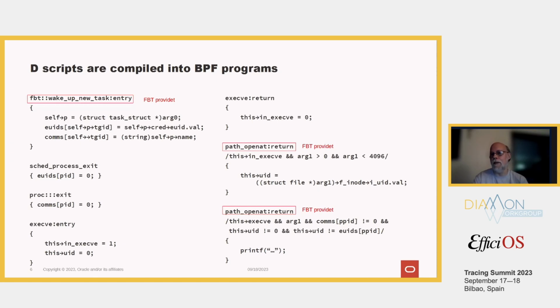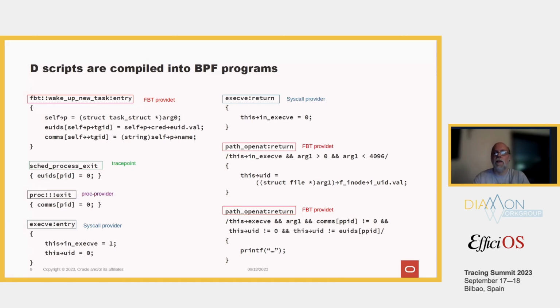That is the underlying mechanism for these. We're also using in this script a specific tracepoint in the kernel. Then we have the syscall provider, which lets us trace system calls, which again is using system call tracepoints at the kernel level.